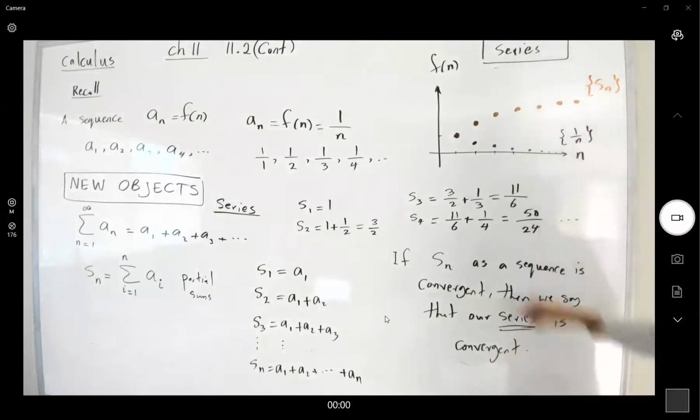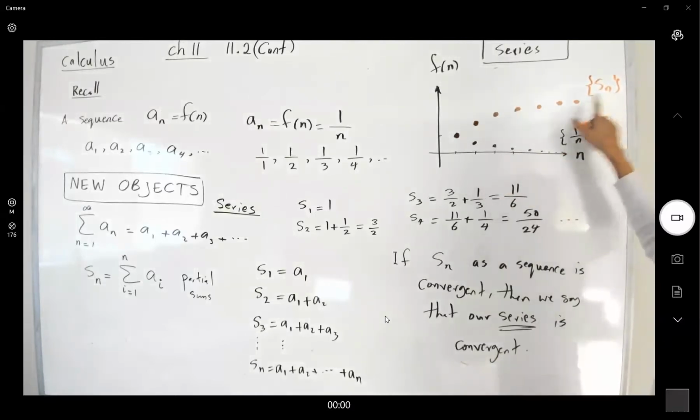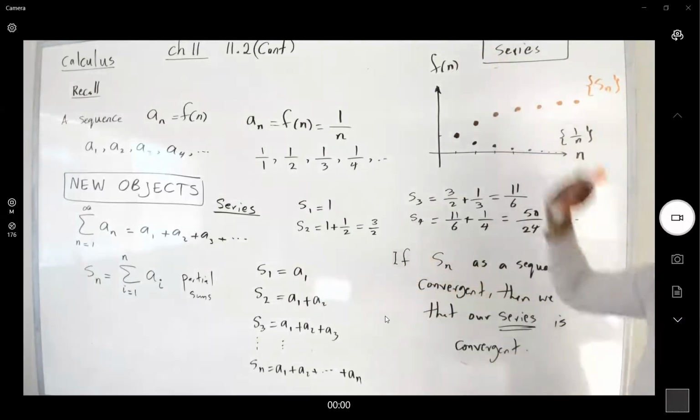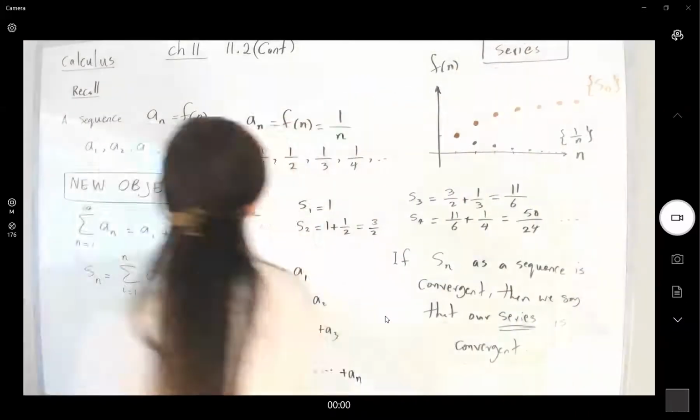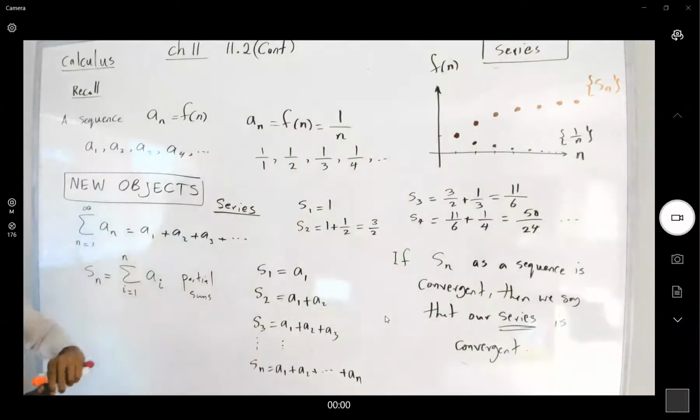As you can see, 1 over n as a sequence is convergent to 0, but S sub n gets larger and larger in y values. So S sub n for this series, we have a name for it.